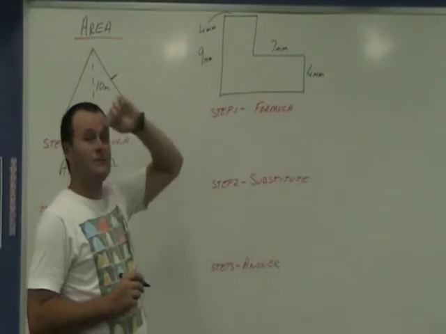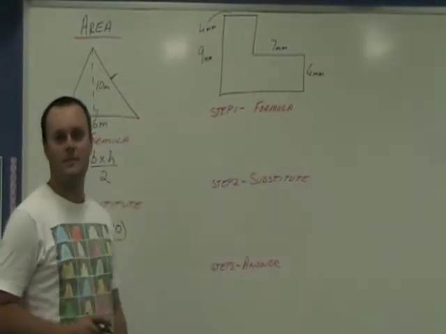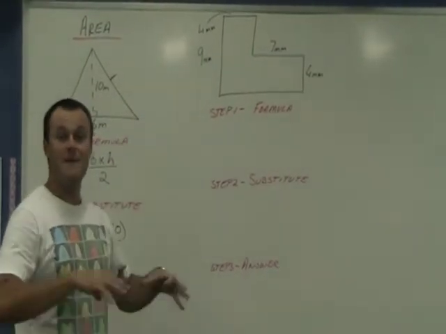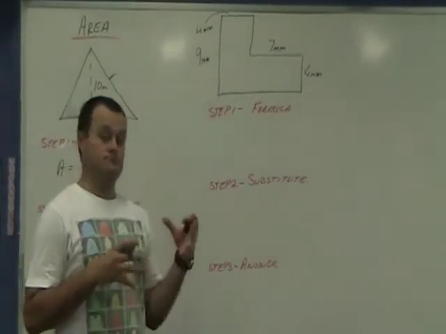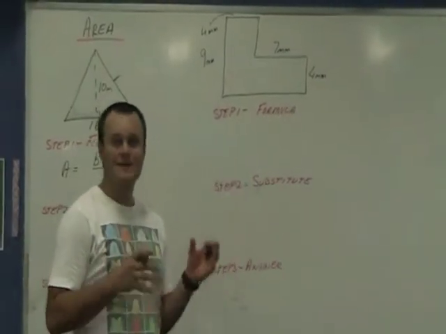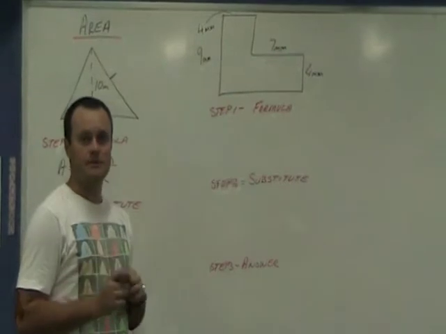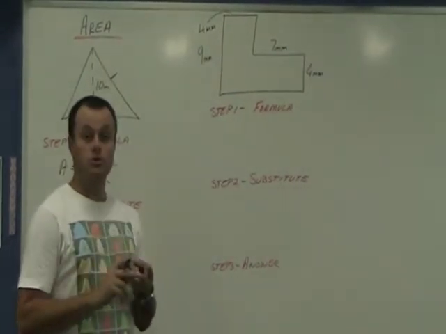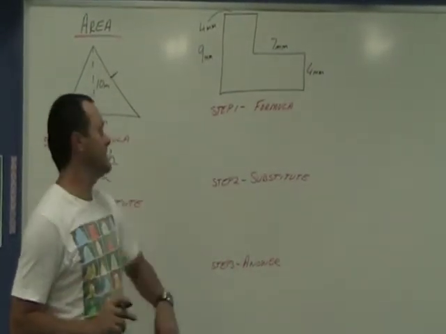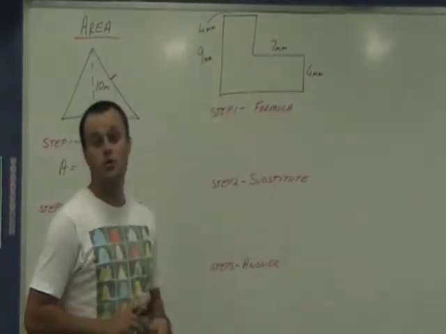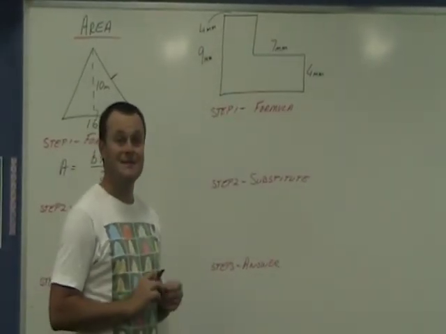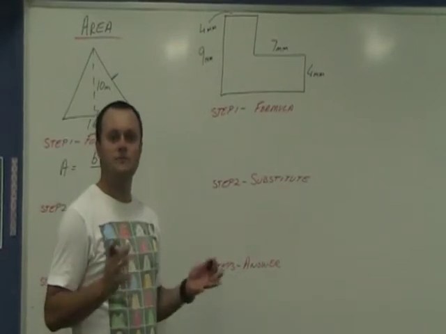The next one, the last one, is a composite shape. A composite shape is a shape made up of two or more simple shapes, so squares, rectangles, triangles, circles, things like that. In this case, all you need to do to make these easy is break them up into the shapes you know.